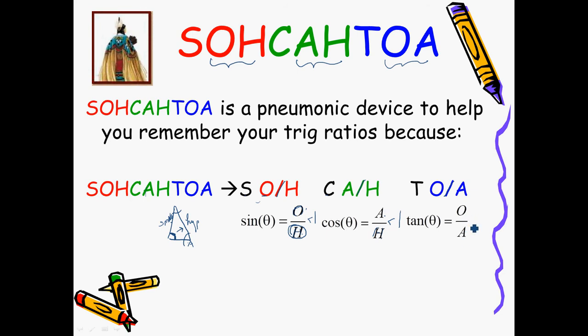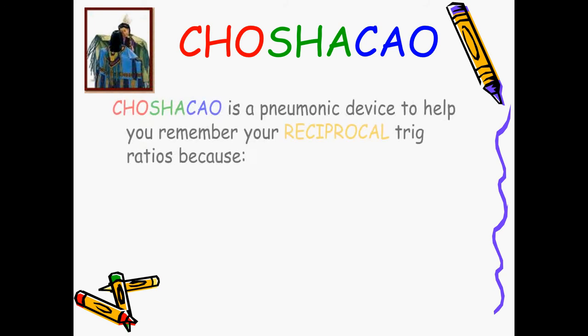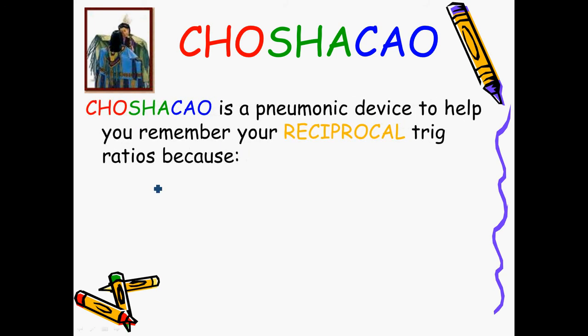So tangent may be bigger than 1, may be smaller than 1, could also be 1. What do you think? Could the two sides of a right triangle ever be equal? Sure, right? A 45, 45, 90 triangle, right? Well, Sakatoa has a cousin named Shashakawa. And this is for the reciprocal trig ratios.